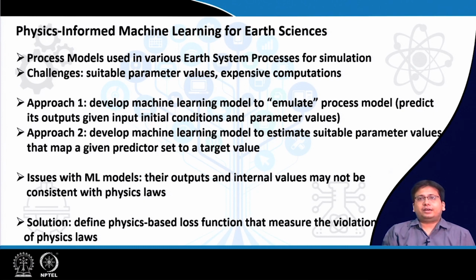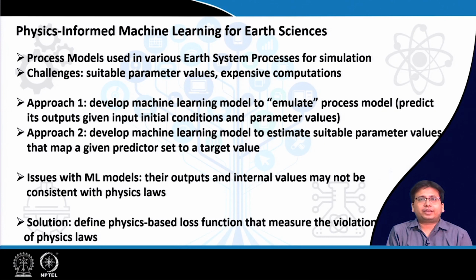The key here is that most of these models are deterministic. That is, if you set certain initial conditions, it's determined, that is, there can only be one particular output or final conditions that can arise. The question is what that will be. So this can be considered as a machine learning problem, which is to map the initial conditions to the final conditions.